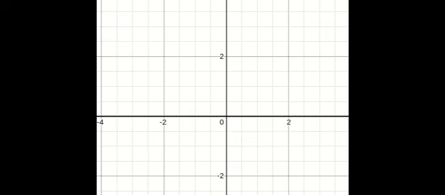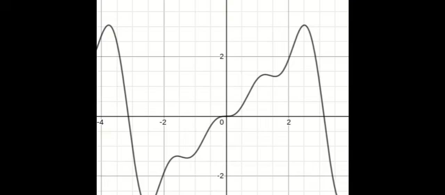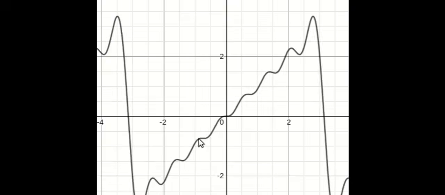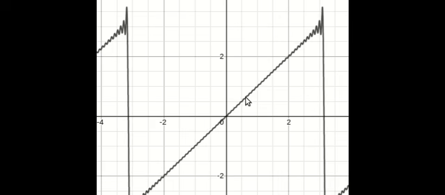So let's watch. So this is the Fourier series of y equal to x, and you know y equal to x is a line passing through the origin and it's inclined at 45 degrees. As you can see, when we keep on increasing the number of terms, it approximately becomes that line.